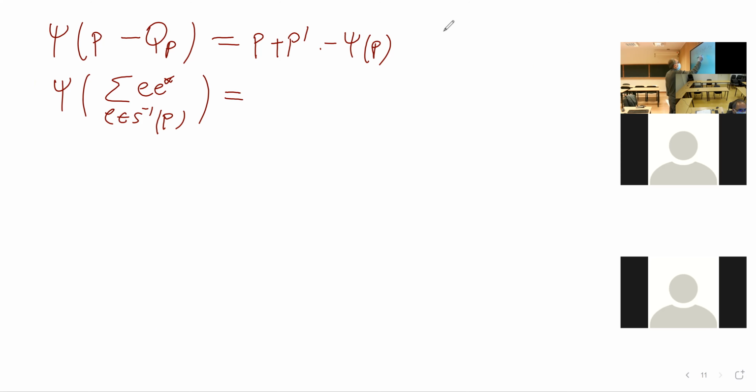I have a sum, and here I have E, and I intersect this preimage of P with, I subtract from it F. Okay. So then I have the E star after applying psi.